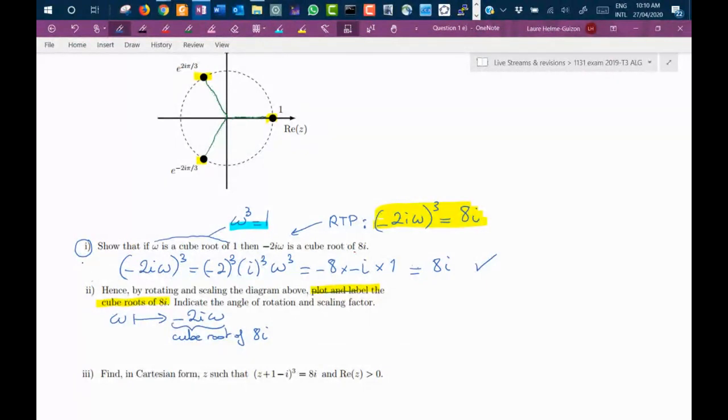And since they're talking about rotation, does it point you towards the polar form or the Cartesian form? The question is, indicate the scaling and the angle of rotation. Do you think we should be working in polar form, or in Cartesian form, which is a plus ib?